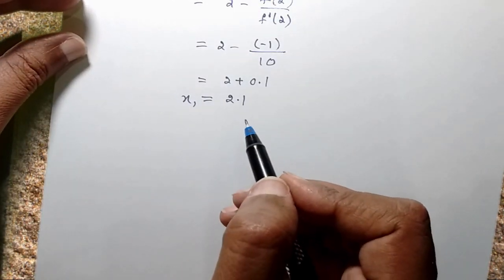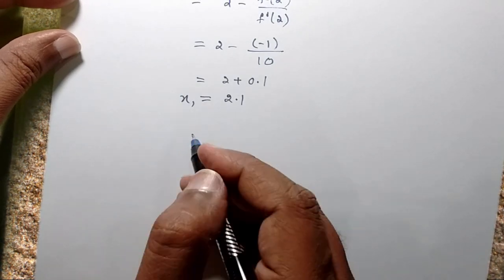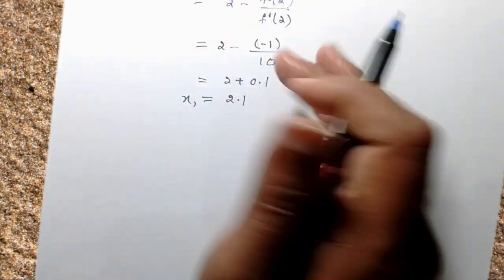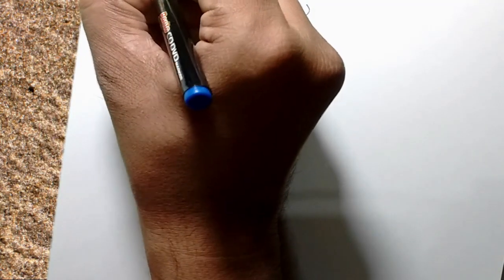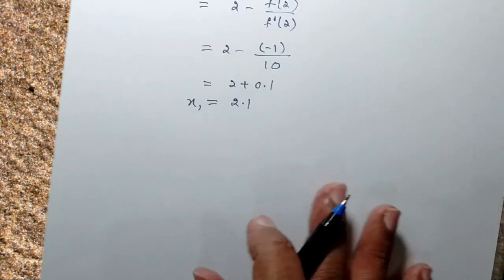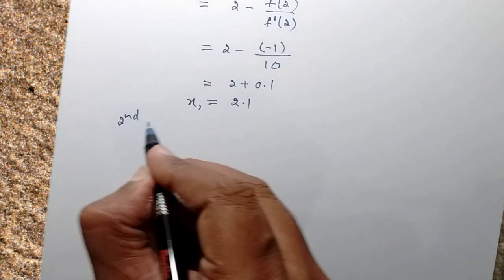Now once again you have to approximate this solution. So go for the next step. So we call that as iteration. So this was the first step. So therefore we call it as first iteration. Because we are repeating the process, iteration means repetition. So first iteration. Now we'll go for the second iteration.